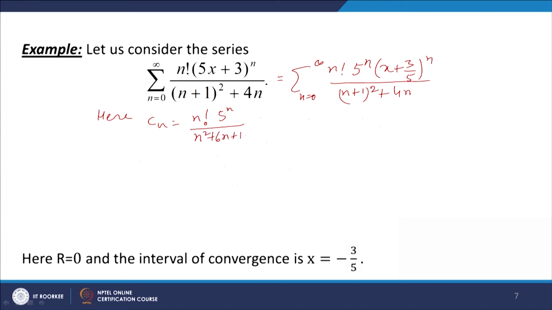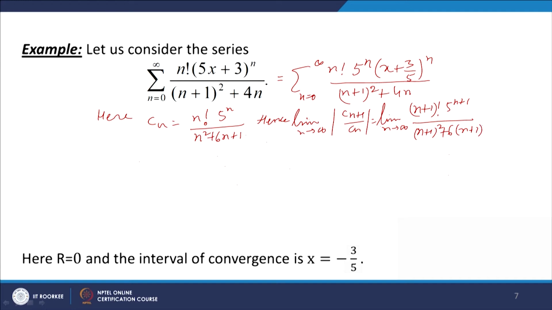Okay. Now, hence limit of mod of C_(n+1) over C_n. Okay, so (n+1) factorial 5^(n+1) divided by (n+1) whole square plus 6 times (n+1) plus 1, into 1 by C_n. So, n square plus 6n plus 1, and then we have n factorial and 5^n.